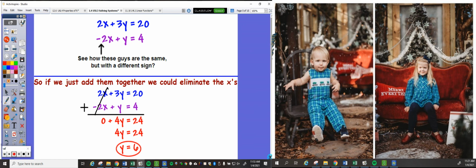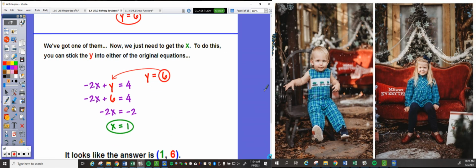Now, what's tricky about elimination is that you will take that y equals 6 and it has to be plugged into one of the original equations, not whatever you ultimately modify the equations to be. So I plug this 6 back in for y and x equals 1.